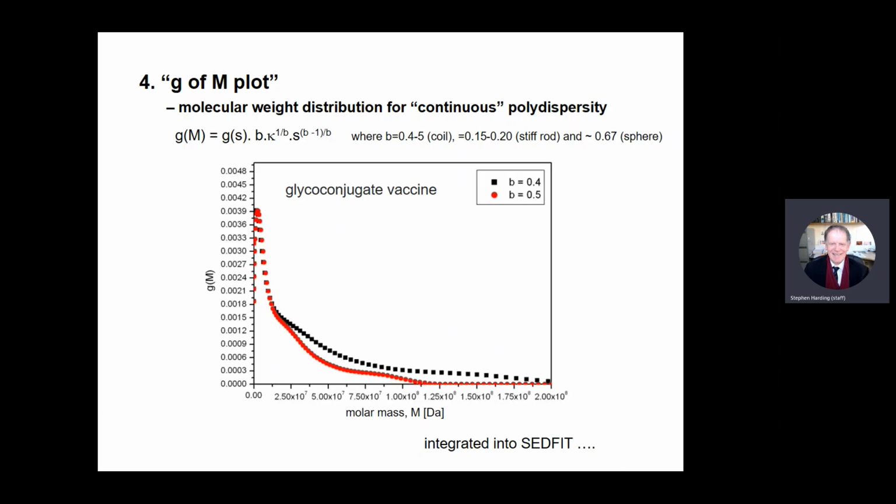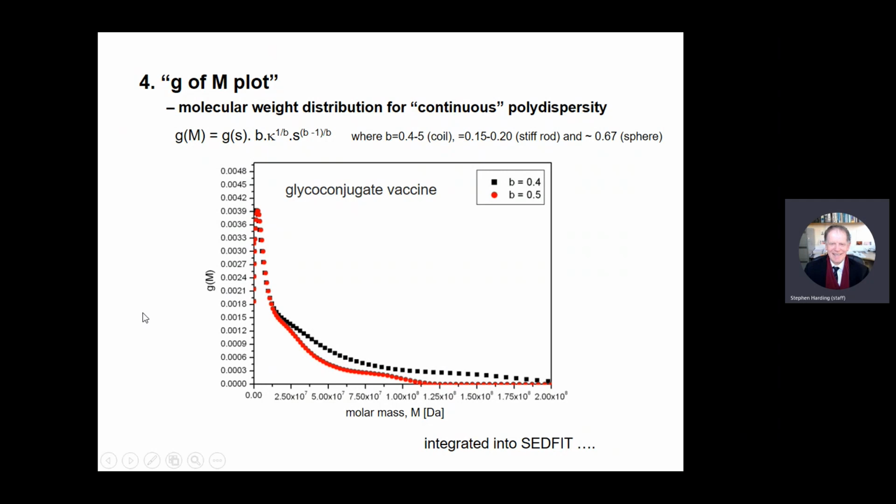And using this theory, you could convert sedimentation coefficient distributions for complex molecules like glycoconjugates into distributions of molecular weight. Again, this is a rather complex form of that equation I gave you before, linking the sedimentation coefficient with molecular weight.